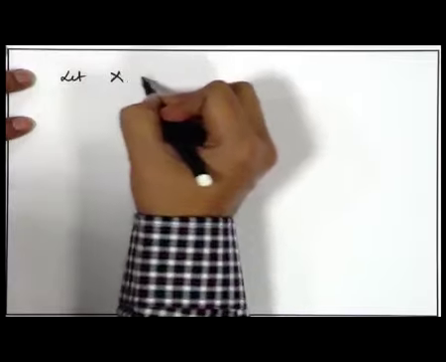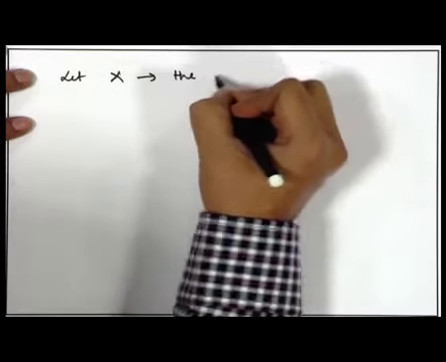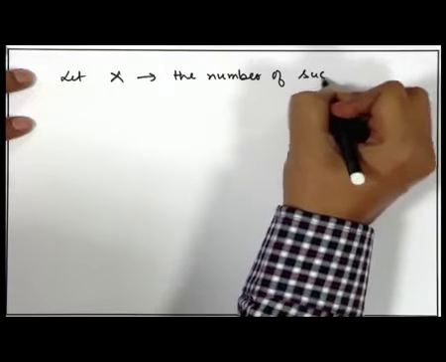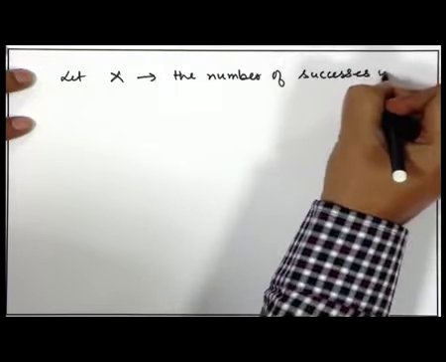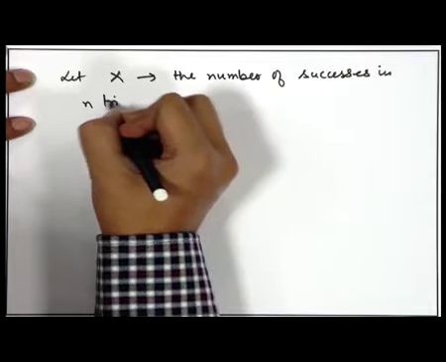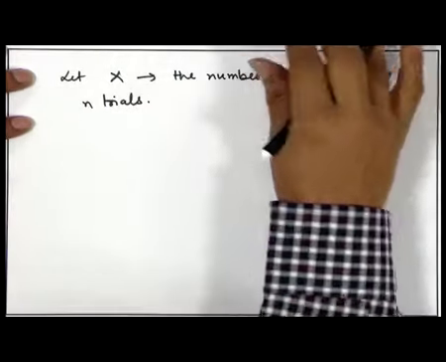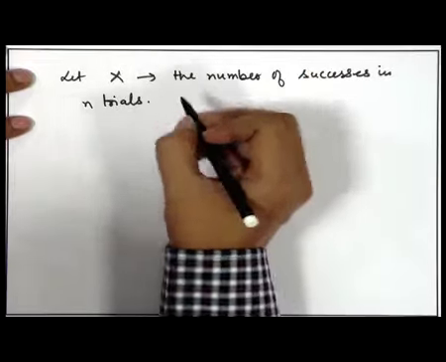Let X denote the number of successes in n trials. Then X is a discrete random variable. What are the possible values of X?